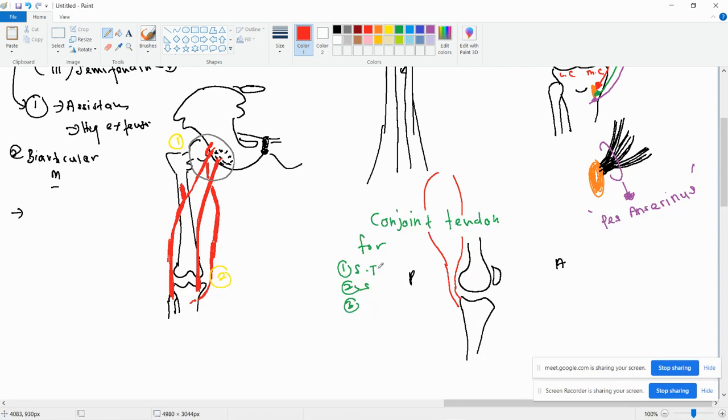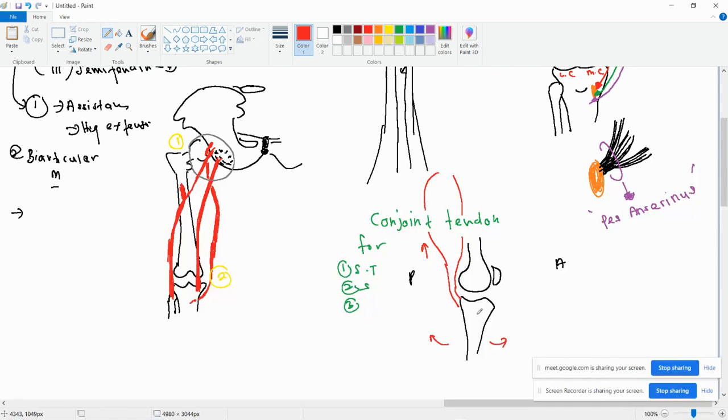Right. Now, if I'm asking you, class, if this muscle contracts, will this tibia move posteriorly or anteriorly? If the hamstring contracts, what happens to your tibia and fibula? Will it bend posteriorly or bend anteriorly? Which movement?